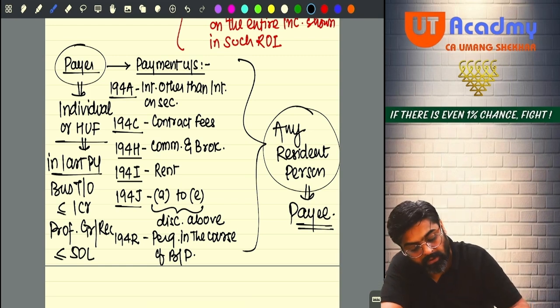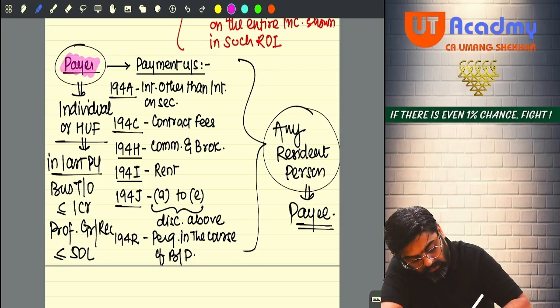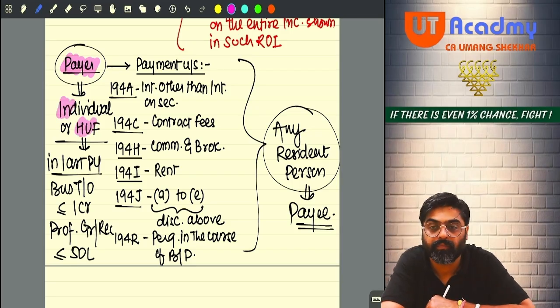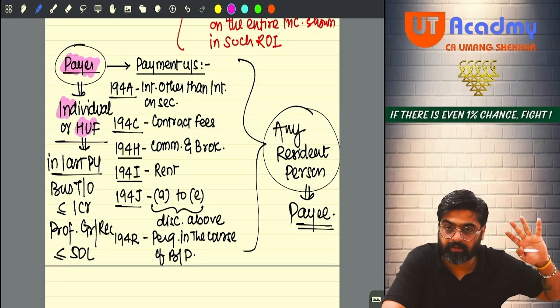I am talking about a payer. Who is that payer, friends? That payer is either an individual or HUF, making these payments in this year.